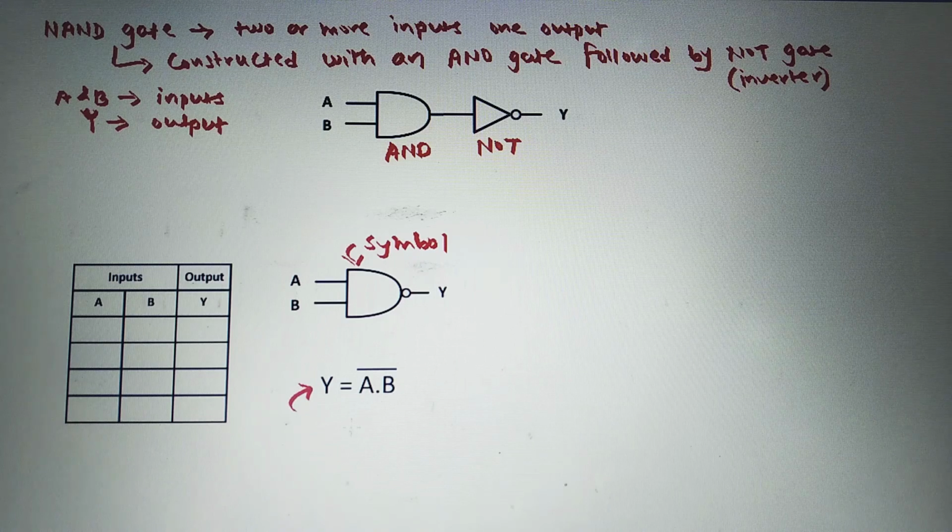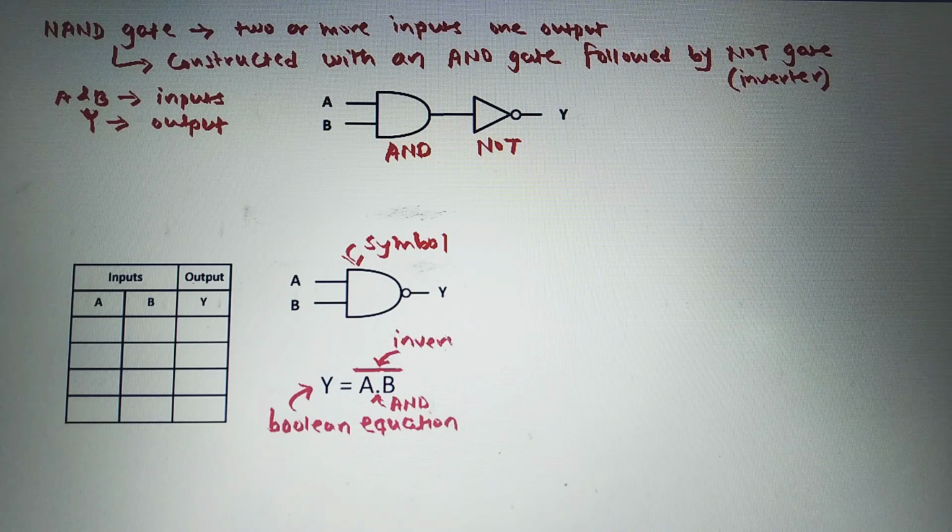So this is the symbol for a two inputs, one output NAND gate, and Y is equal to (A dot B) bar. This is the Boolean equation for this two input NAND gate, in which this dot represents the AND function, and this bar indicates the inversion of AND.